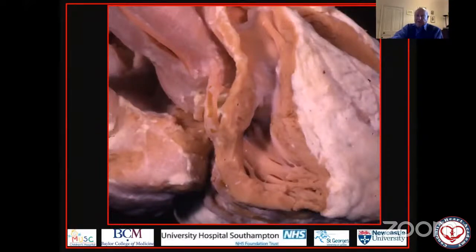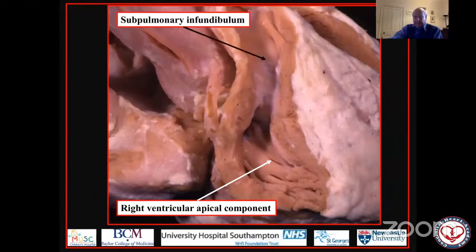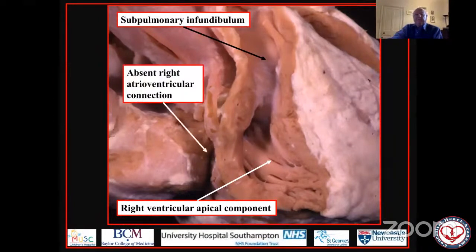The outflow tract, of course, is now separated, but we can now recognize that that apical part is forming the apical part of what is now the incomplete right ventricle, and that the outflow tract is divided to form the subpulmonary infundibulum remaining from the incomplete right ventricle, the aortic root committed to the dominant left ventricle.